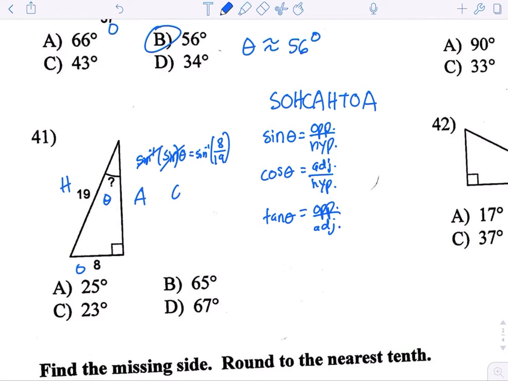These cancel, so theta is equal to the sine inverse of 8 over 19. Put that in your calculator, and you should get around 25 degrees, because you have to round it to the nearest degree.